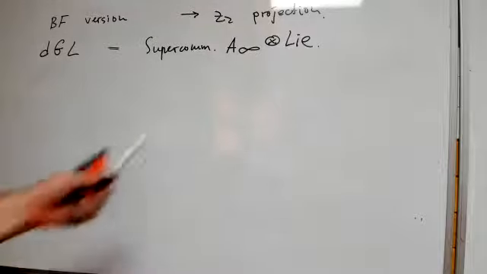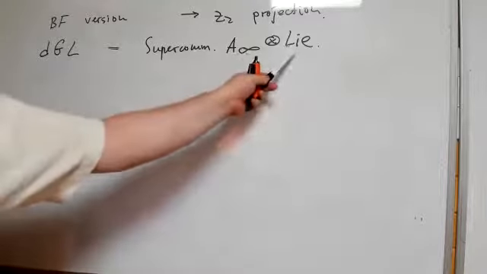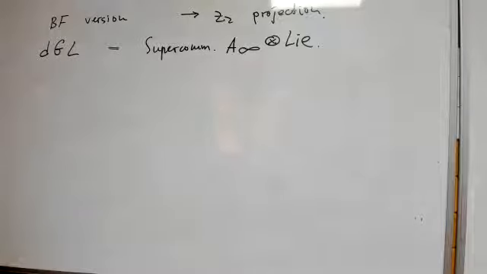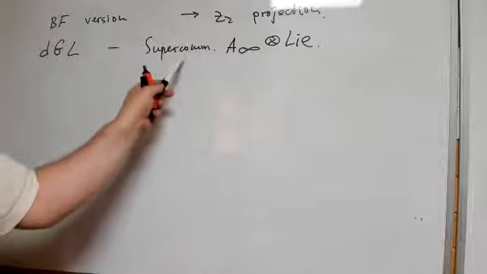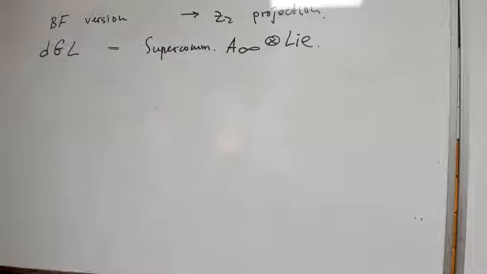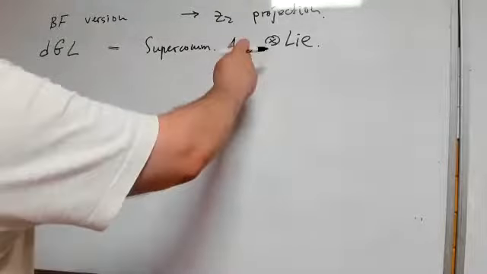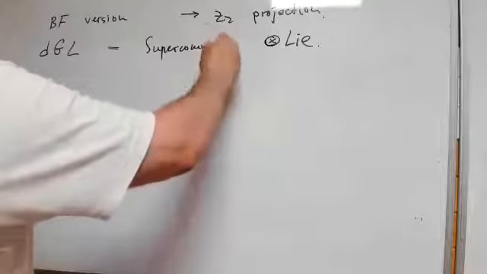Or you may call it a Lie algebra valued function on the spectrum of this supercommutative A infinity. Actually, it would not even be A infinity. It would be, sorry, supercommutative algebra.